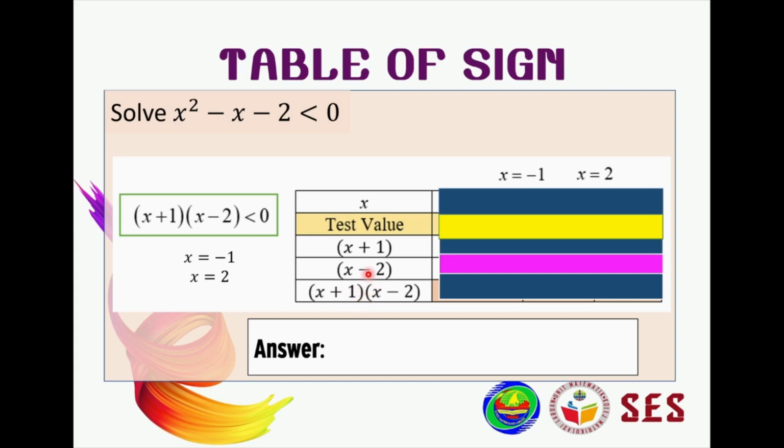Next, in the first row, we need to write down the interval, from negative infinity until positive infinity. You need to arrange it in ascending order, because -1 comes first before 2. And we know that infinity always has an open bracket.